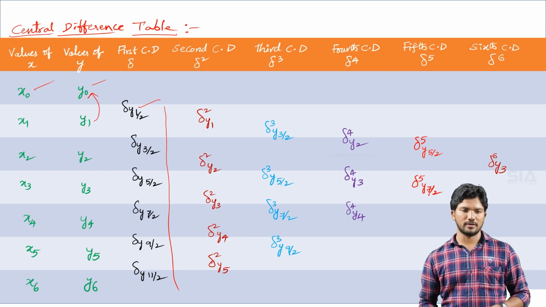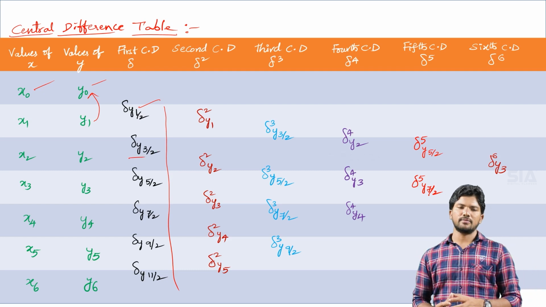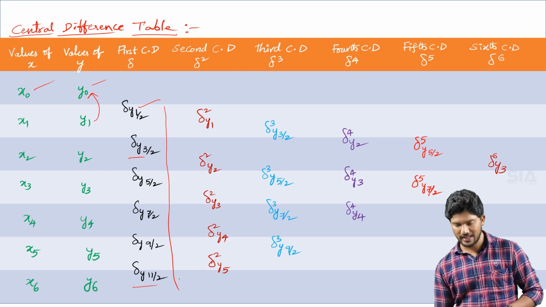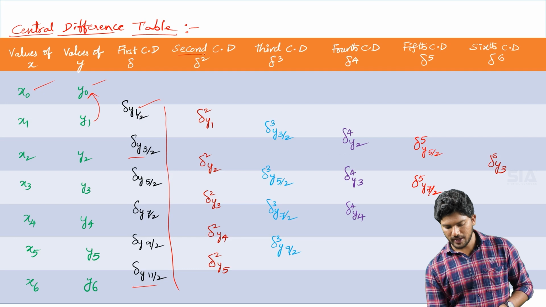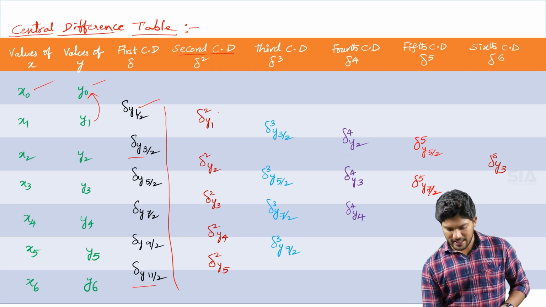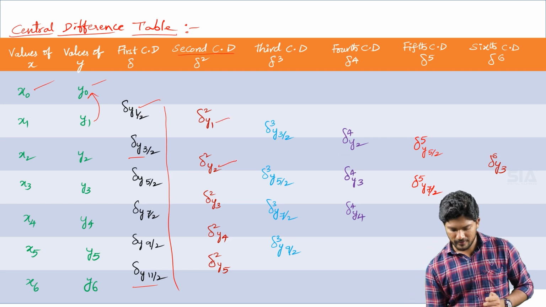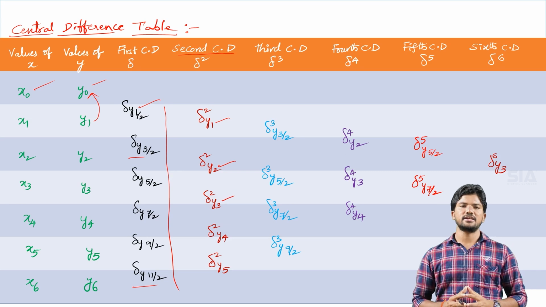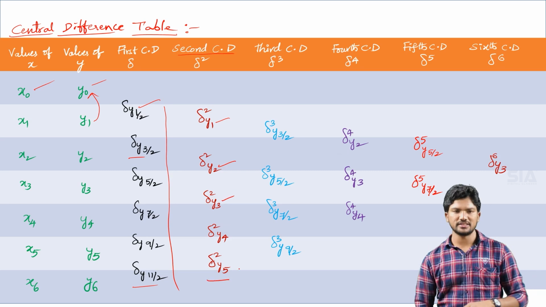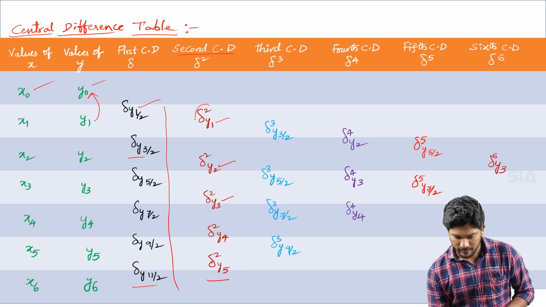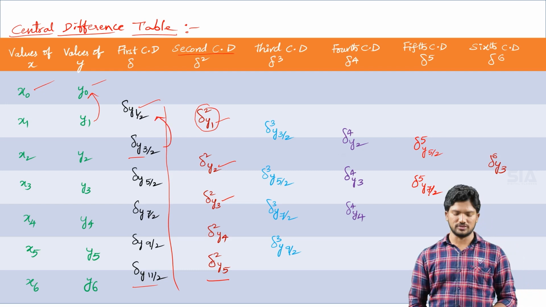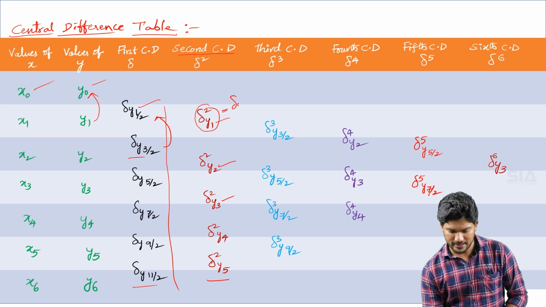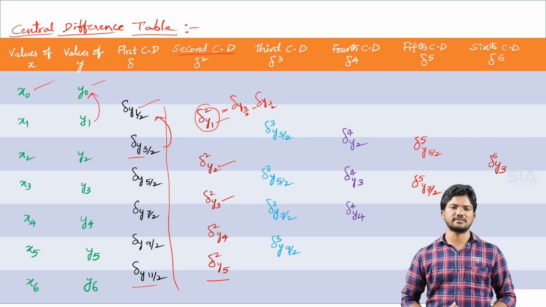This row deals with the first central difference operators: delta y suffix 1/2, delta y suffix 3/2, up to delta y suffix 11/2. Next, the second central difference operator is denoted as delta square y1, delta square y2, delta square y3, up to delta square y5. Here the delta square y1 value we can get by subtracting these two values, that means delta y 3/2 minus delta y 1/2. That is the value.